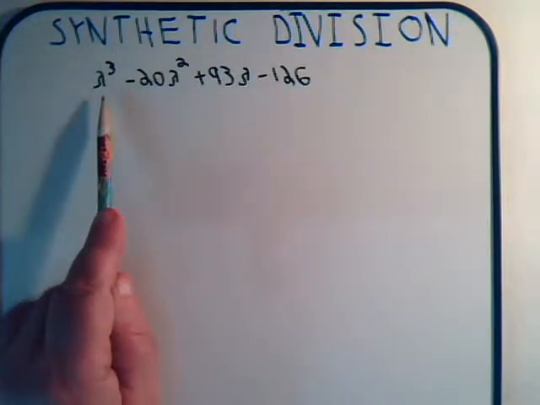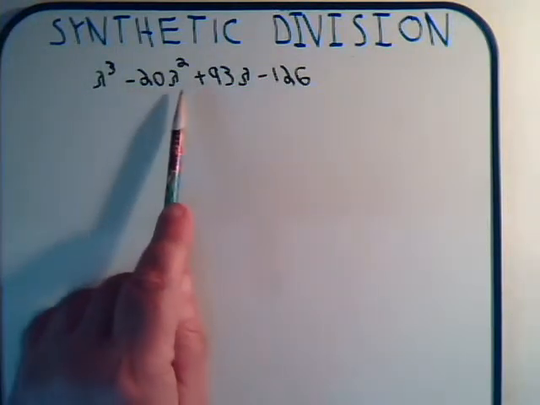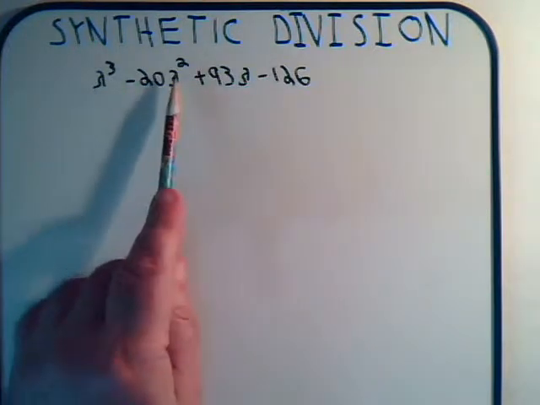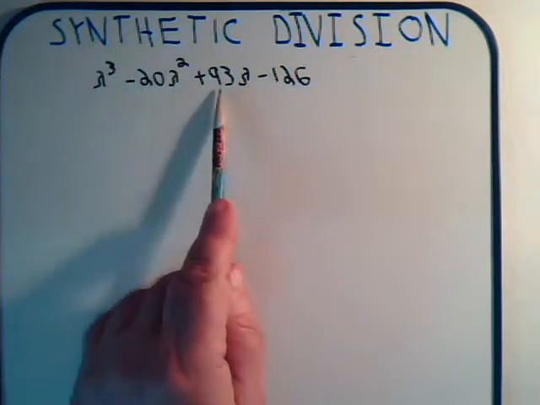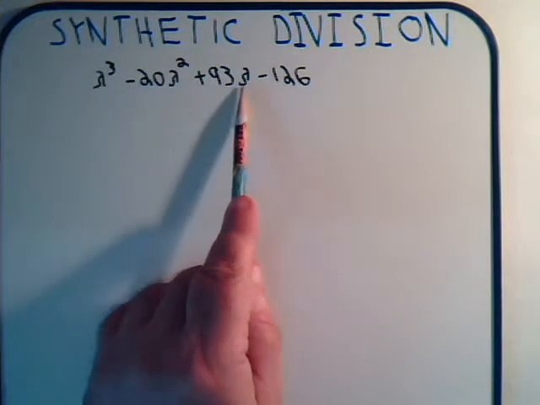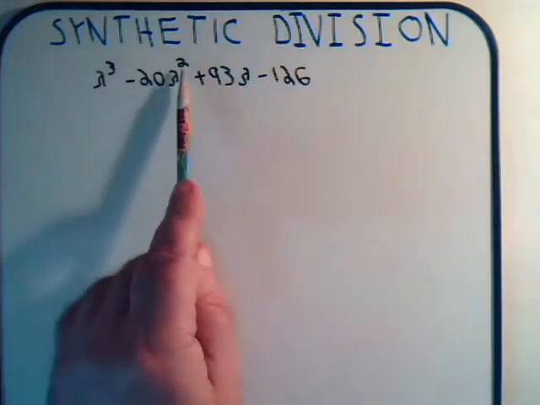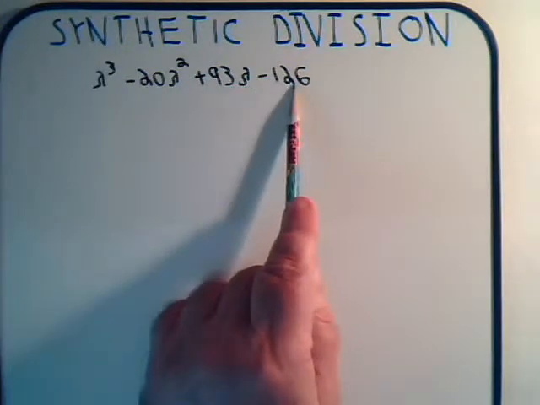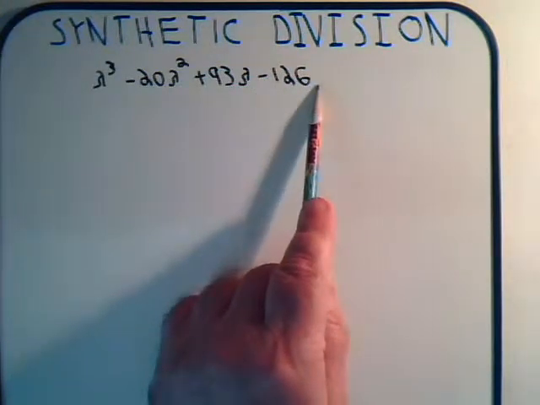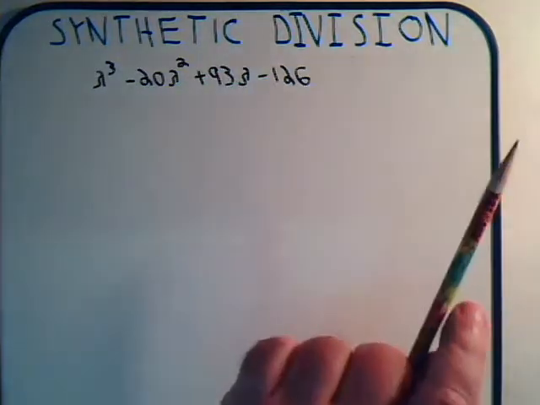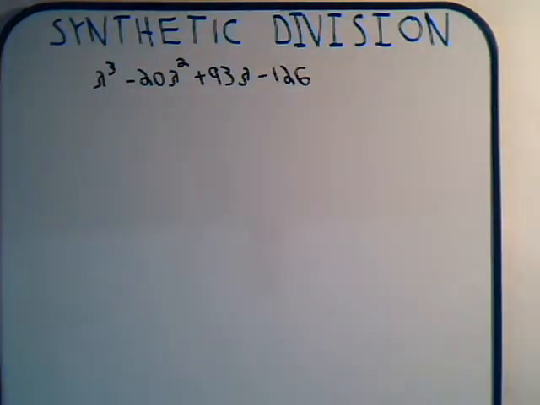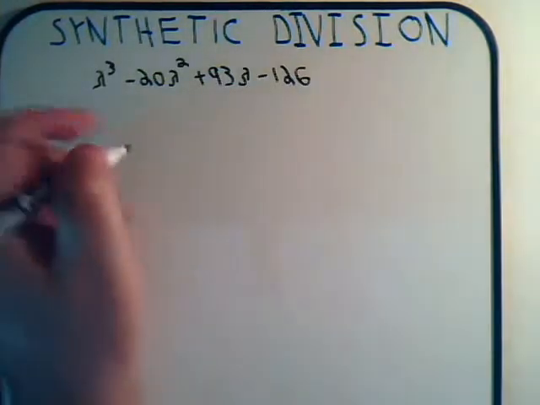We have lambda cubed minus 20 times lambda squared, so the power that this is raised to is 1 less than this, plus 93 times lambda to the first power, that's 1 less than this, minus 126 times lambda to the 0 power, that's 1 less than this power here. So we don't have to rewrite this. All we have to do then is write down these coefficients.